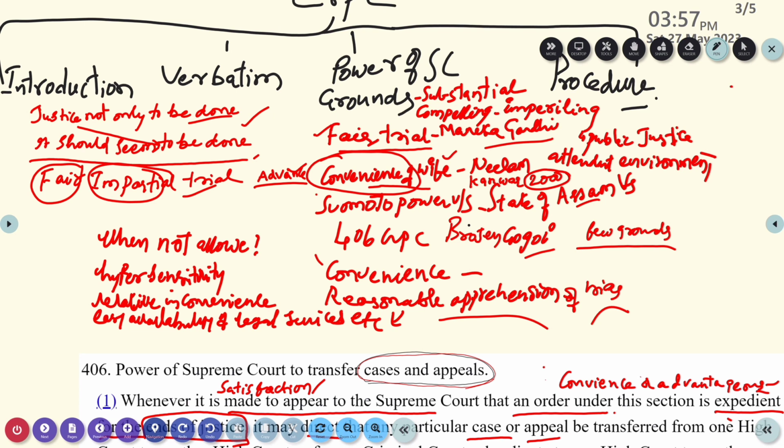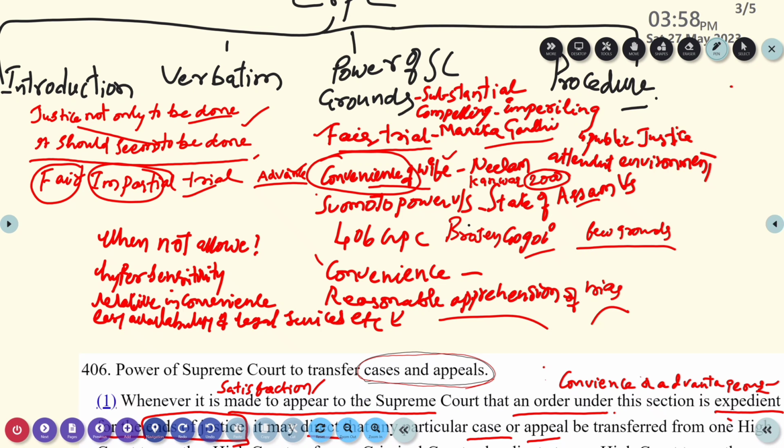So witnesses and other parties, the atmosphere and other things have to be taken into consideration for the word convenience. Prosecution side, witnesses, larger interest of society, all these things have to be considered according to the Supreme Court judgment in Abdul Nazar Madani. Next, suppose the state is discriminating. Take the Jayendra Saraswati case, 2005.